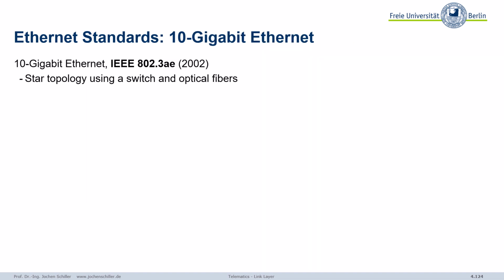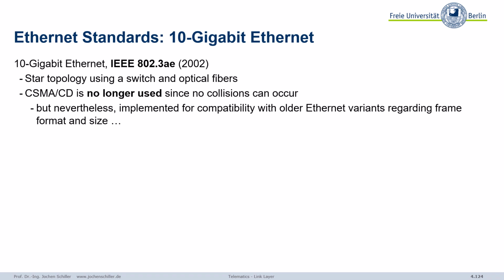As you know, the story didn't end here, so we have 10 gigabit Ethernet, and this is typically using a switch and optical fibers, and this was also the end of CSMA/CD. To be precise, this is not really classical Ethernet any longer, but for marketing, etc., it's still called Ethernet.